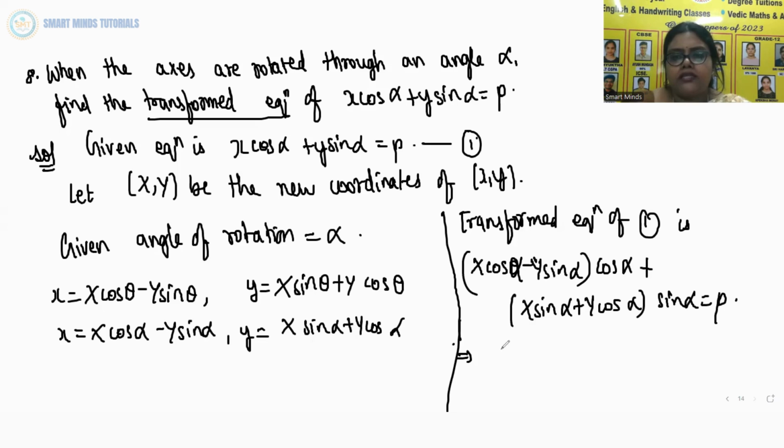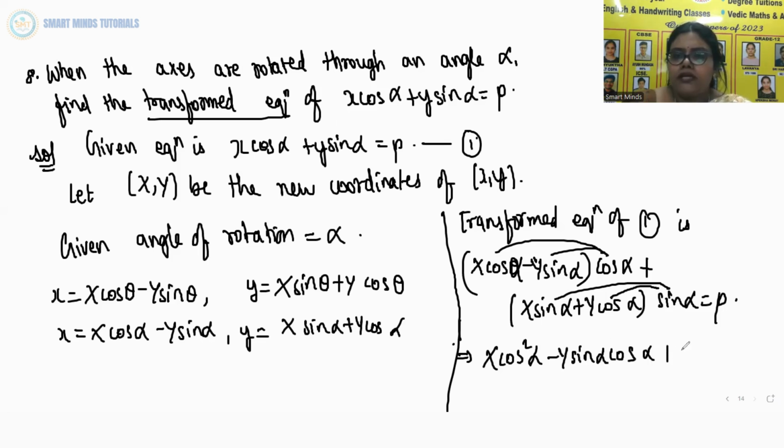Now multiply this into this, this into this. So X cos square alpha minus Y sin alpha cos alpha plus X sin square alpha plus Y sin alpha cos alpha is equal to p. Positive, negative get cancelled over here.